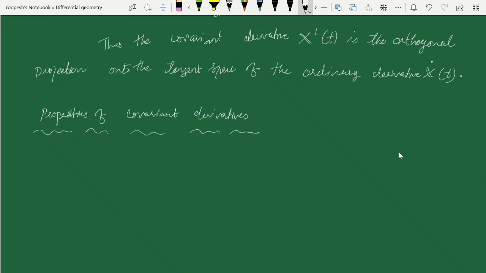Properties of derivative we have already discussed. Similar to that, we have the properties of covariant derivatives also.